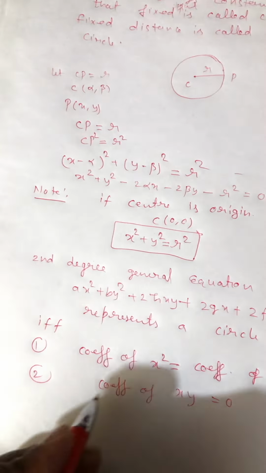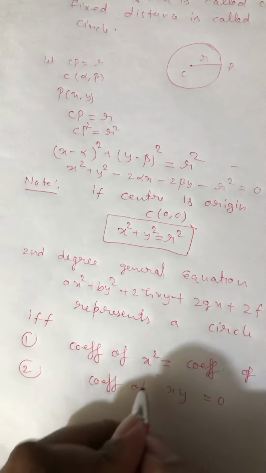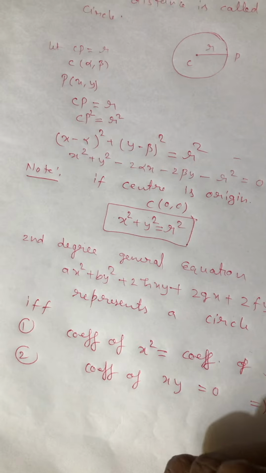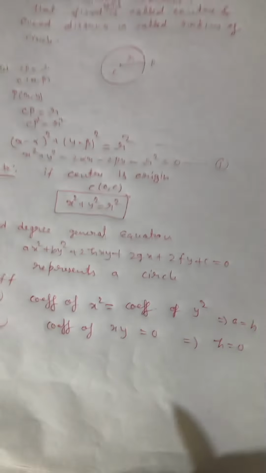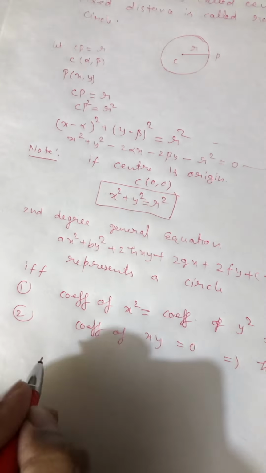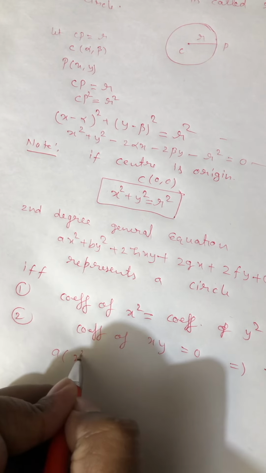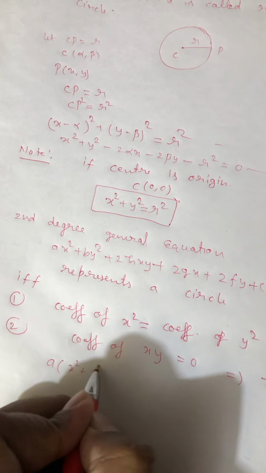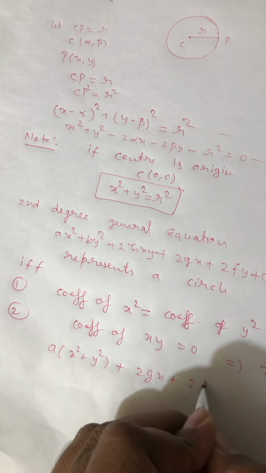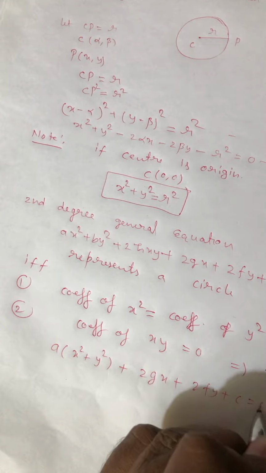So if I put a equal to b, this implies h equal to 0. If I apply this condition in equation number 2, then I will have ax square plus y square plus 2gx plus 2fy plus c is equal to 0.